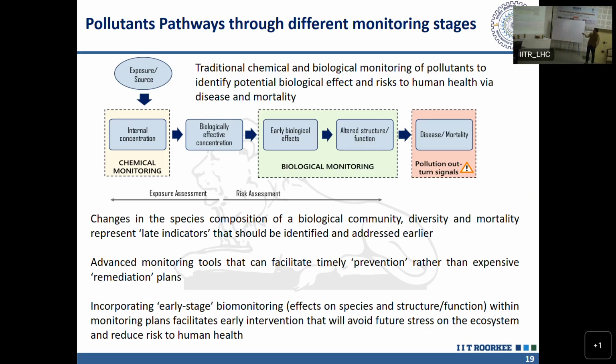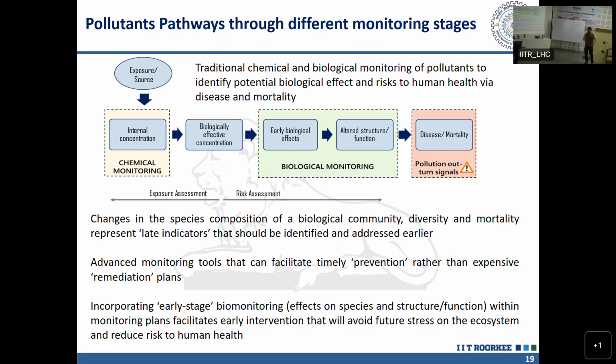Before that, whenever contaminants are released, let us say this is the release of the contaminants. After some time, after a few hours, days, weeks or months, they start impacting the local flora and fauna. Maybe the most sensitive species of plants are affected after a few weeks.